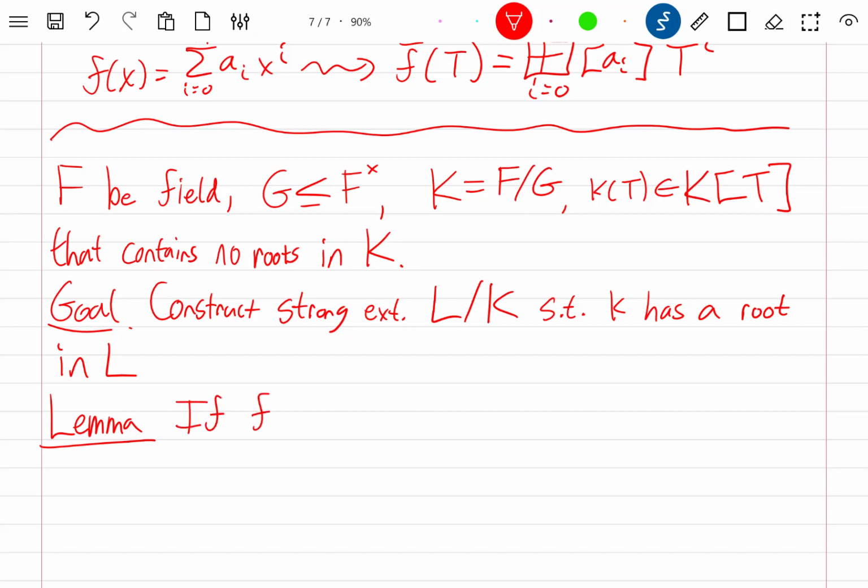So if f is a polynomial over my field, I use x for variables over the field and capital T for variables over the hyperfield. Let's say f(x) is the sum of a_i x^i.